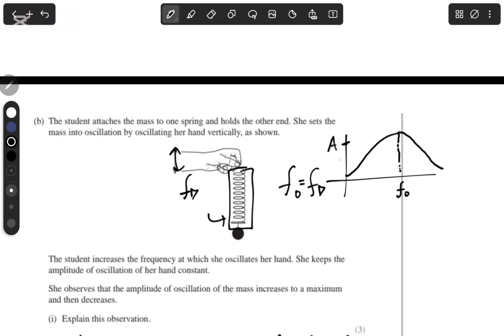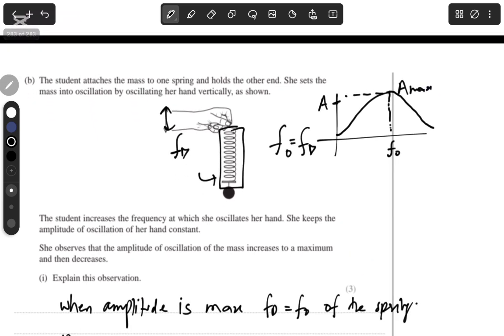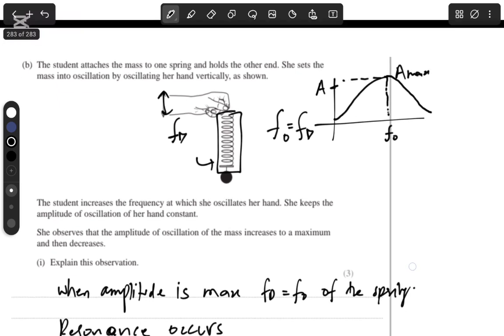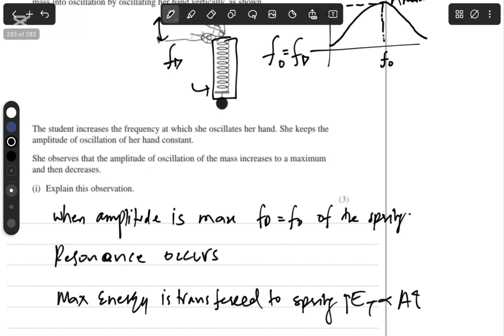This is the amplitude, the A max, the maximum amplitude. The reason this happens is that when the amplitude is max, the driving frequency is equal to the natural frequency of the mass spring system. At that point, resonance occurs and maximum energy is transferred to the spring. So the spring's energy will be maximized. It will gain maximum energy and amplitude will increase.